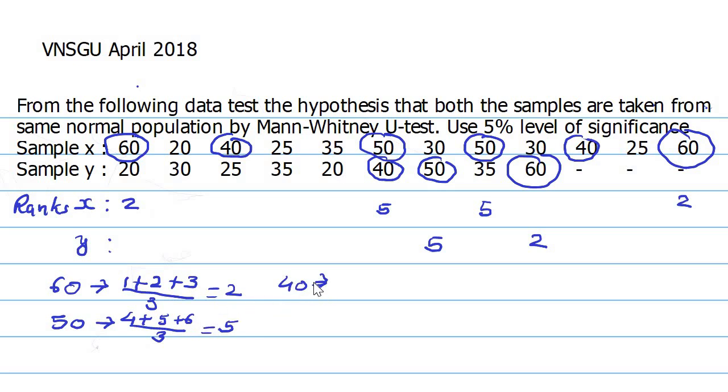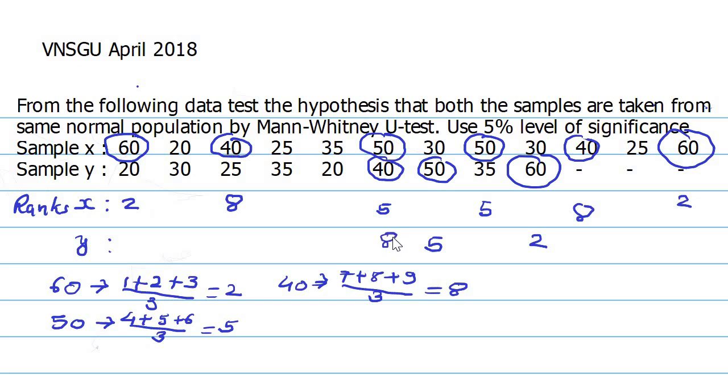After 6 the next ranks will be 7, 8 and 9, and the average of these 3 will be equal to 8. So 40 will be given rank number 8. So here I will write 8, here also 8, and here also 8.